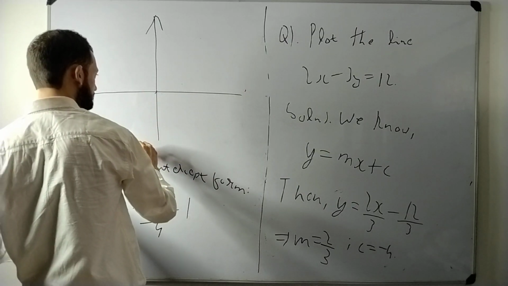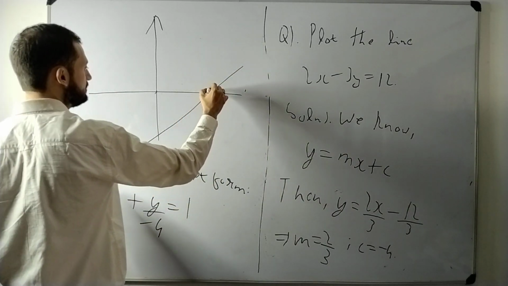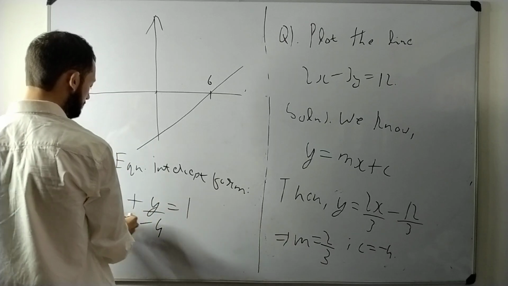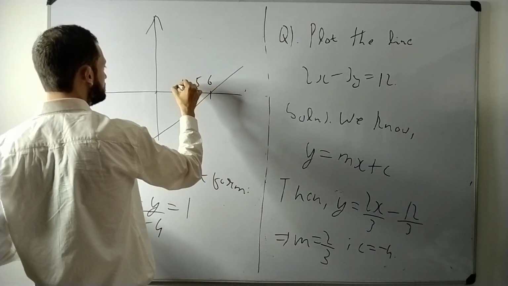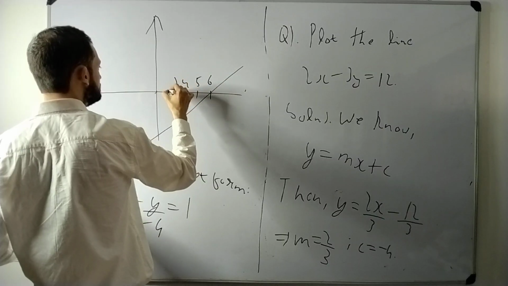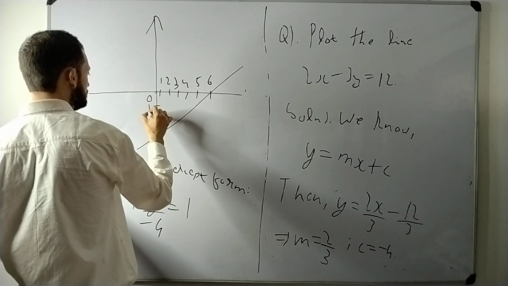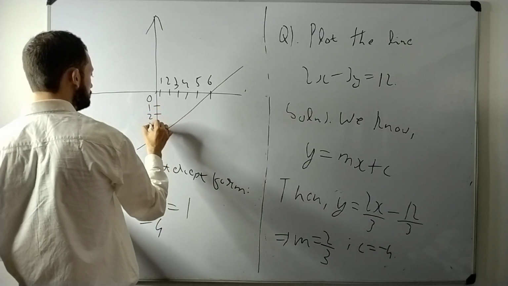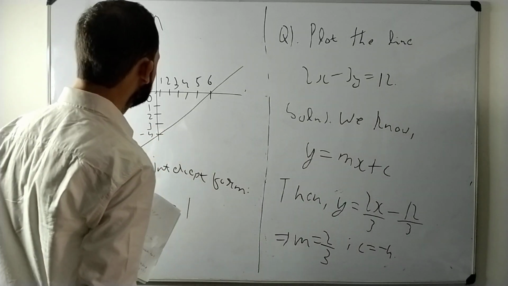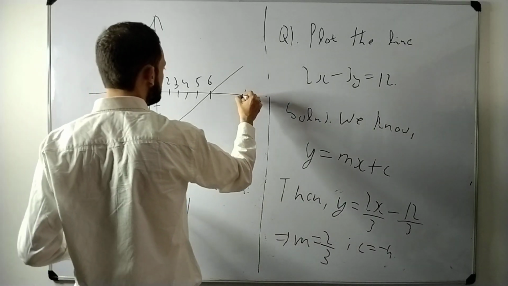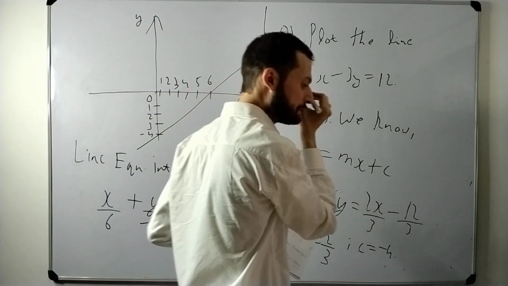So this happens to be the 6th point on the x-axis: 6, 5, 4, 3, 2, 1, origin, 1, 2, 3, minus 4, right? So this is the thing. So this is the straight line equation.